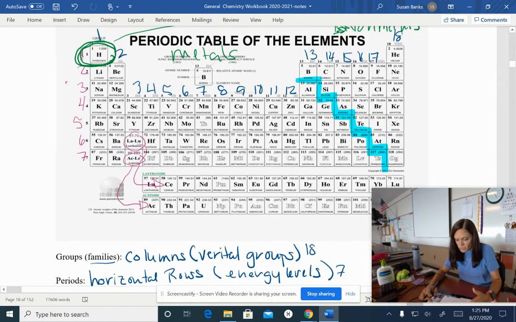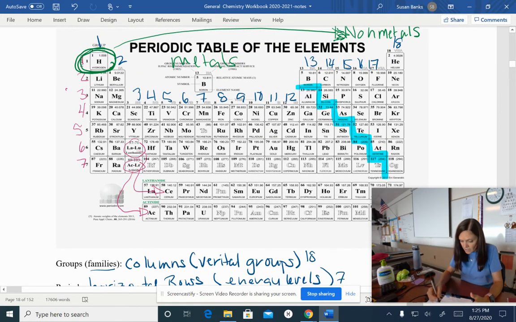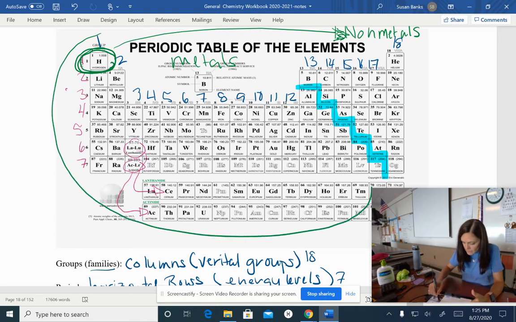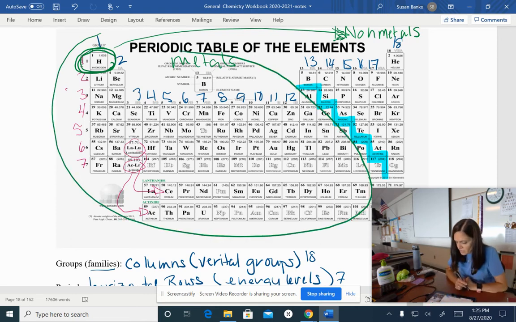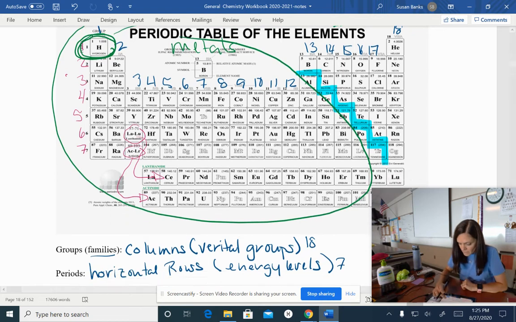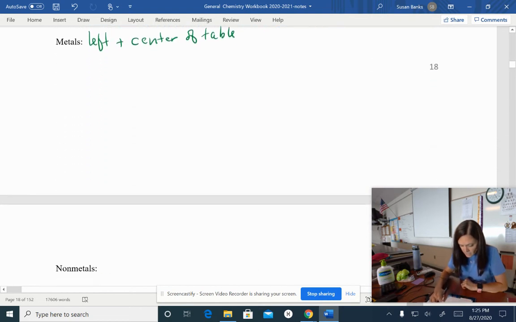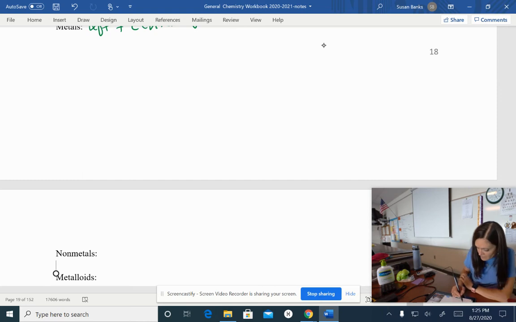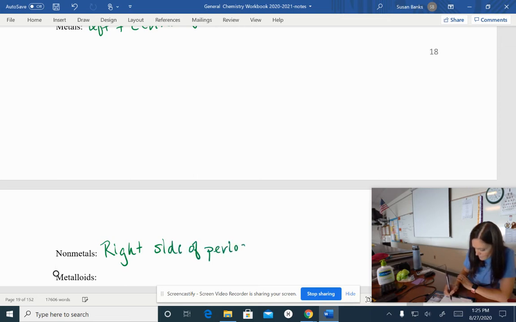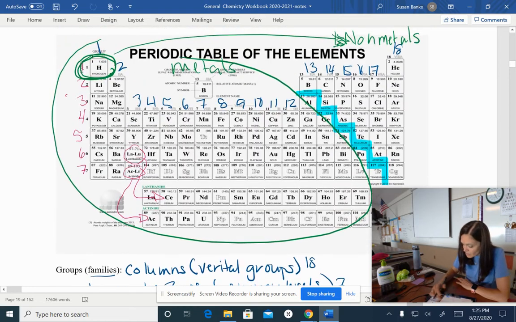Notice we have so many metals, like all of this is metals except for hydrogen, okay? The nonmetals, on the other hand, are to the right of the periodic table. So they are the right side of the periodic table. And notice that's not a whole lot. There's not a lot of them.